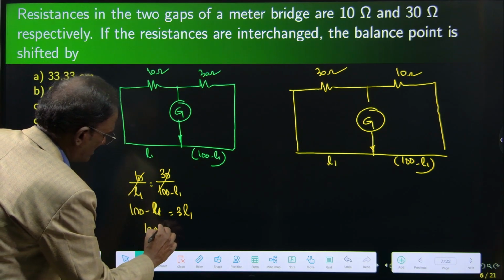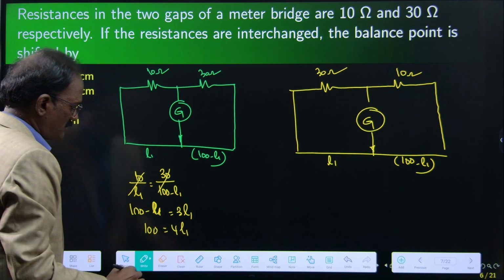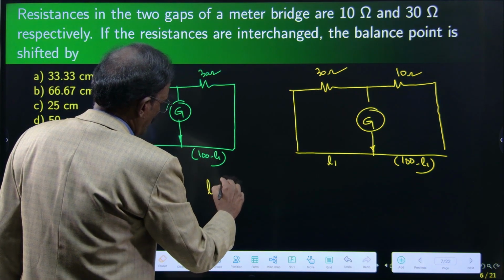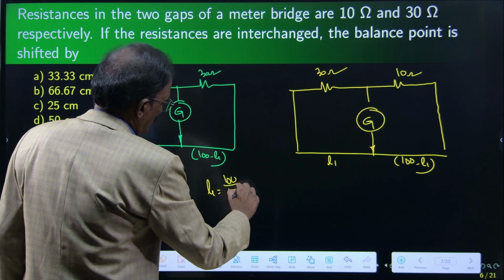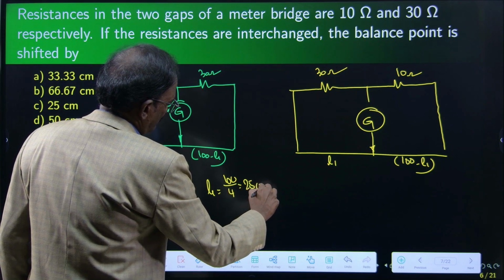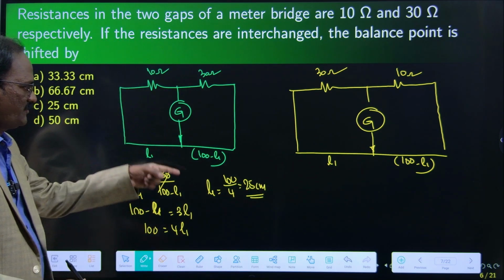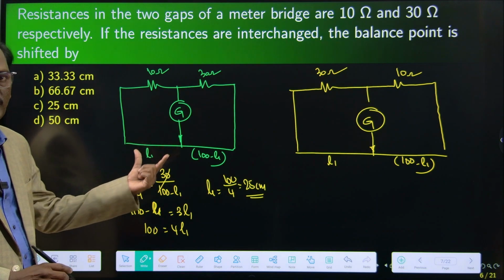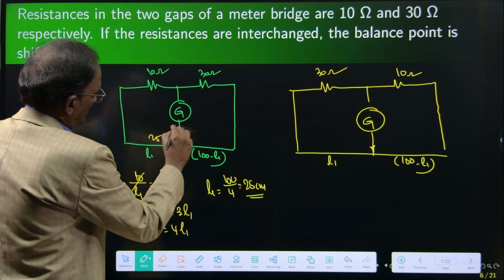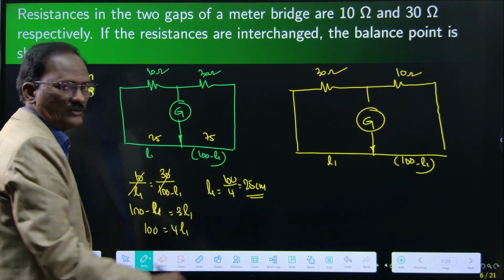So 100 is equal to 4L1. So L1 is equal to 100 by 4, 25 centimeter. So this is for case 1. So L1 is 25 centimeter and this will be 75, 100 minus L1.